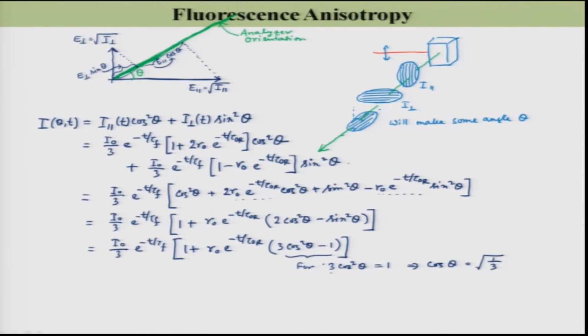Then when the value of 3 cos square theta is equal to 1, this will be 1 minus 1, then this quantity is going to be 0, then this whole quantity will be 0. So, what will I get? I will get this equal to I 0 by 3 e to the power minus t by tau f.